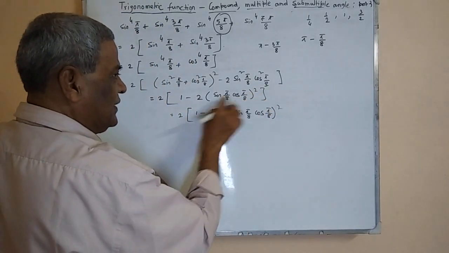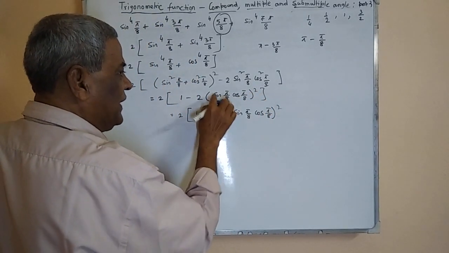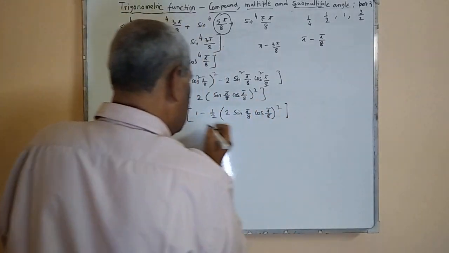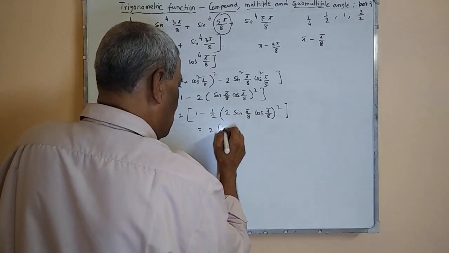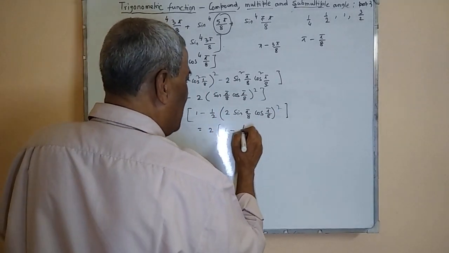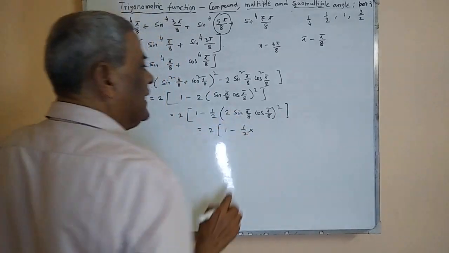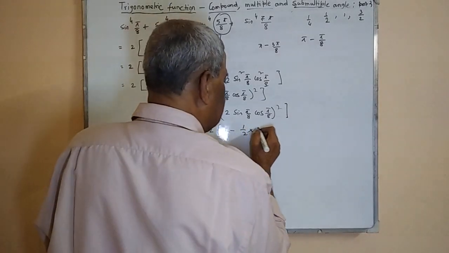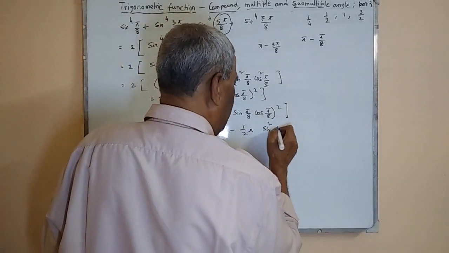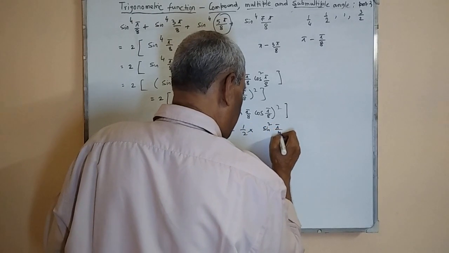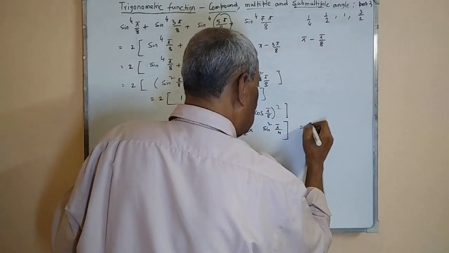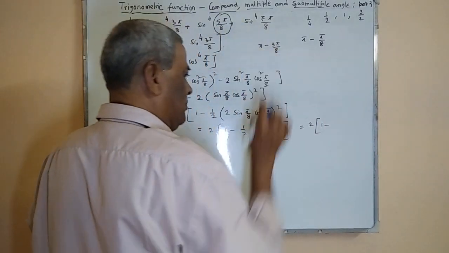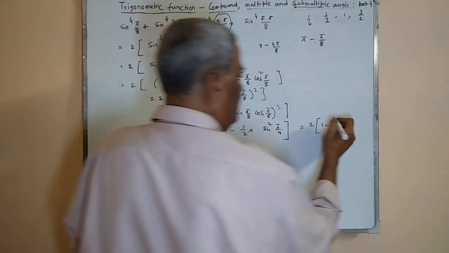I think you have followed it. 2 is given there, that is 4. I have taken 4, so 2 by 4 is half. This is equal to 2 into 1 minus half into 2 sine A cos B, that is sine 2A, so sine square pi by 4. 2 into 1 minus half into another half, it is 1 by root 2 whole square.